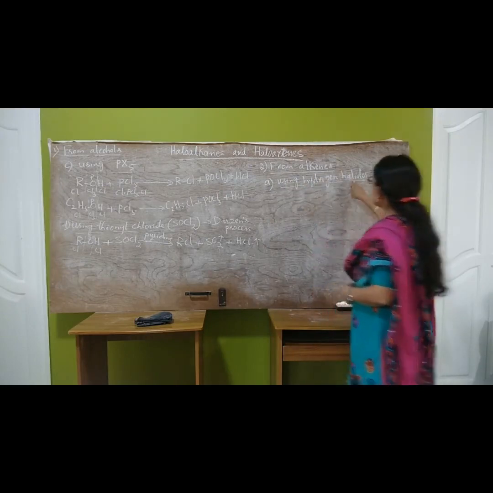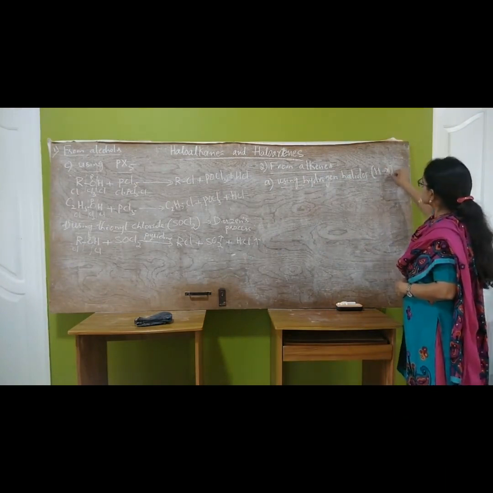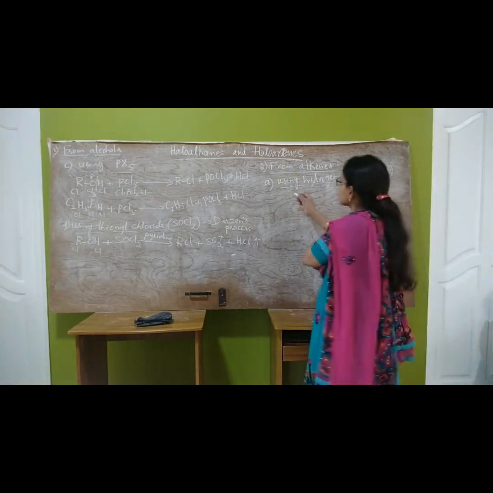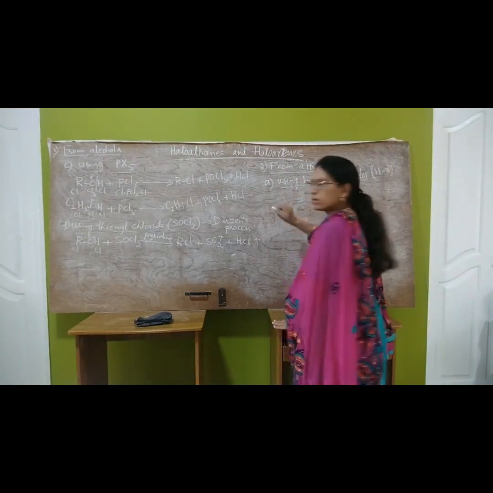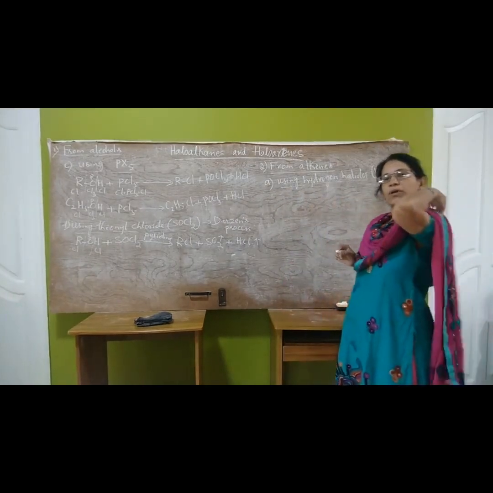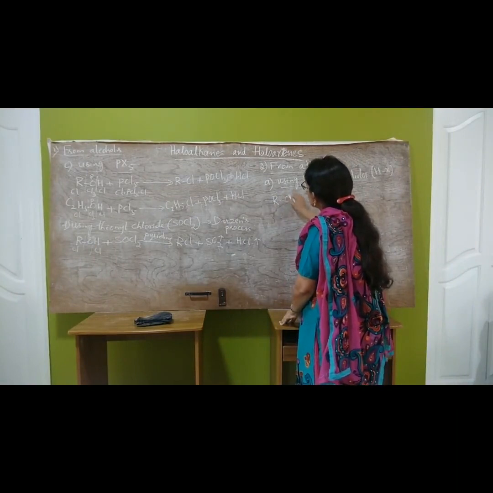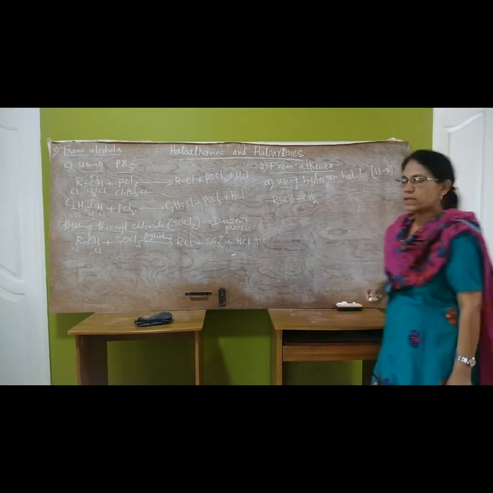What is the formula of hydrogen halide? It is HX. Here, what is the formula of alkene? We write in the reactions RCH double bond CH2, alkene.